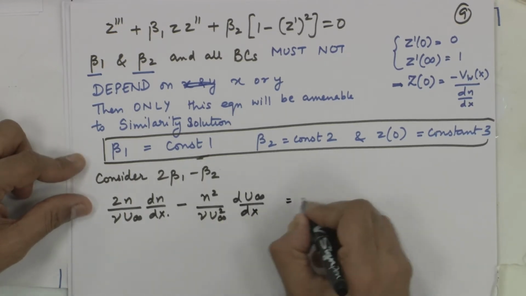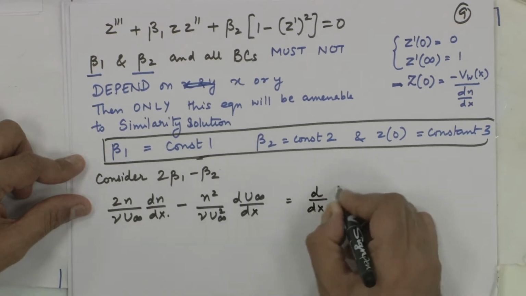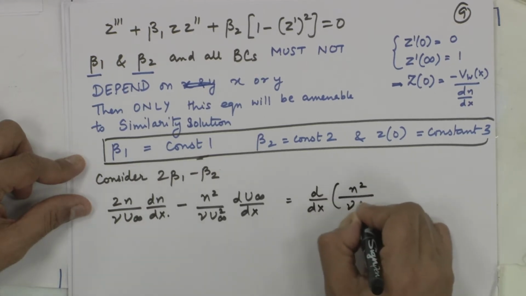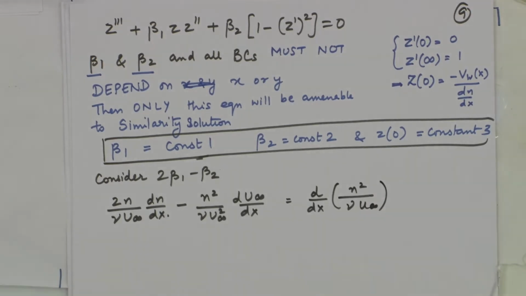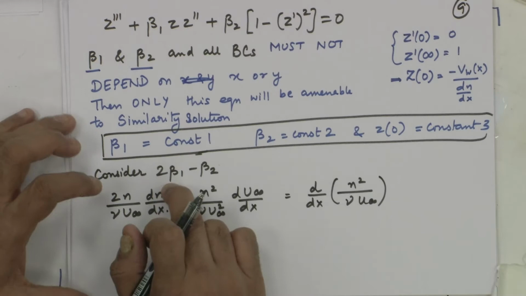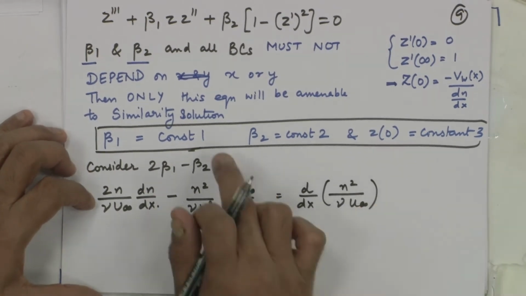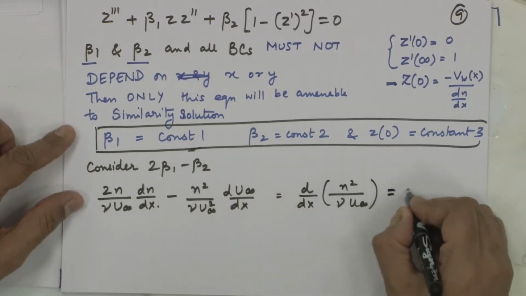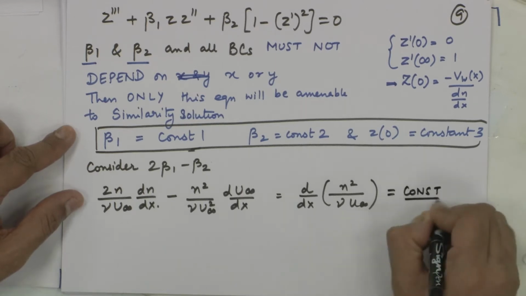What is this? If you closely look, expand the bracket and see, you will get this. Beta 1 had to be a constant, beta 2 had to be a constant. So, this whole thing has to be a constant.